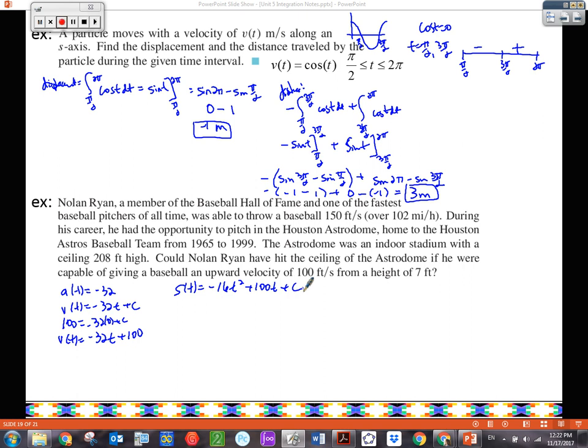Okay, do we have an initial position? We do, don't we? The initial position is at 7 feet. So I zero out my time, c is going to be 7. So my s of t is -16t squared plus 100t plus 7. Okay, so now I have all the equations that I need.